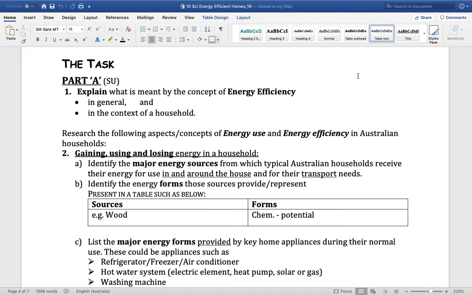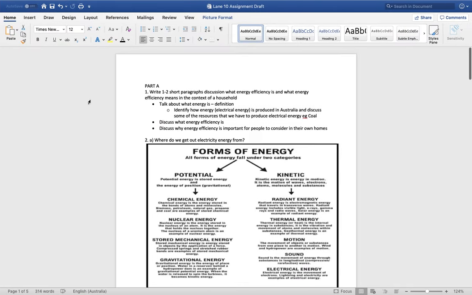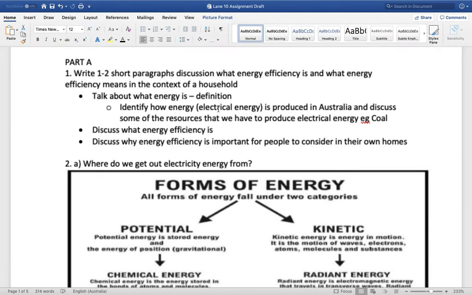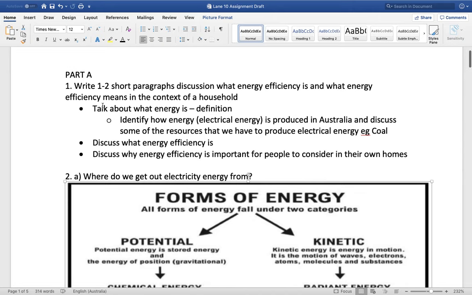So pretty much what this section wants you to do is write 2 paragraphs. In the first one I'd be talking about what energy is, so providing some sort of definition of energy. Okay, and if I just slide over to this screen here, I've done a few notes up here to help you. Talk about what energy is, provide a definition.